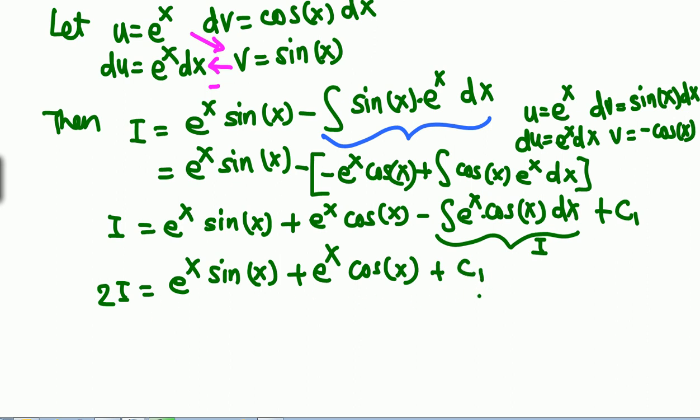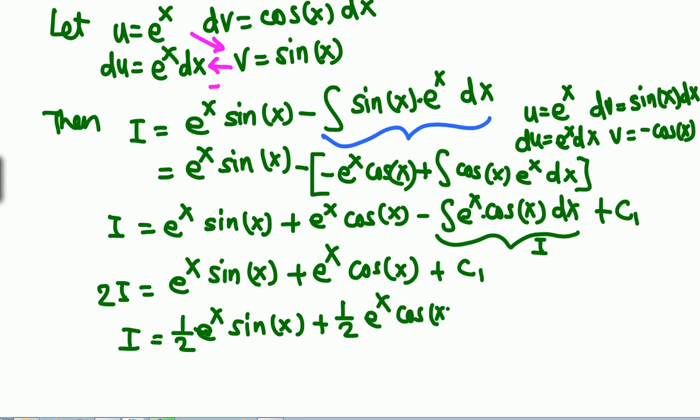To finish this problem, because we need to find just I, divide by 2, so I equals 1/2 e^x sine x plus 1/2 e^x cosine x plus 1/2 C1, so I can just say a new constant C. Okay, this is the final.